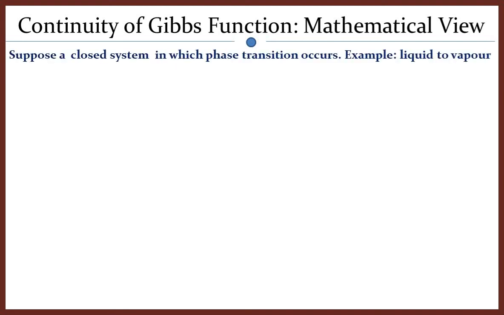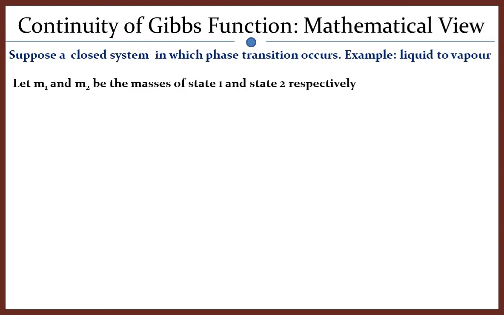Now we will see another property, that is continuity of the Gibbs function. To prove this criterion, we will consider a closed system in which phase transition occurs. Like you take a container, put some liquid and boil it. So that liquid will transfer to vapor state and everything will be closed inside that container.